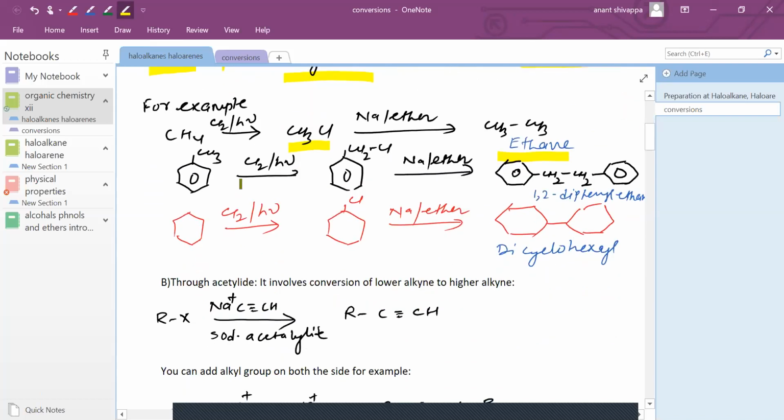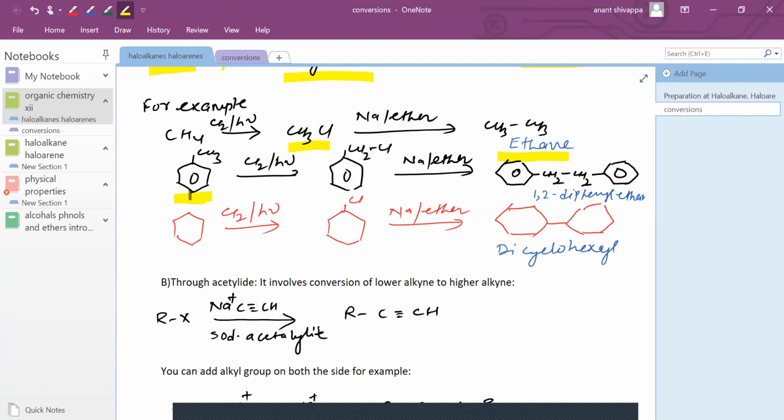Similarly, free radical substitution in an aromatic compound takes place in the side chain. Remember, free radical substitution is the main reaction of alkanes. Suppose an example of an aromatic hydrocarbon is given.